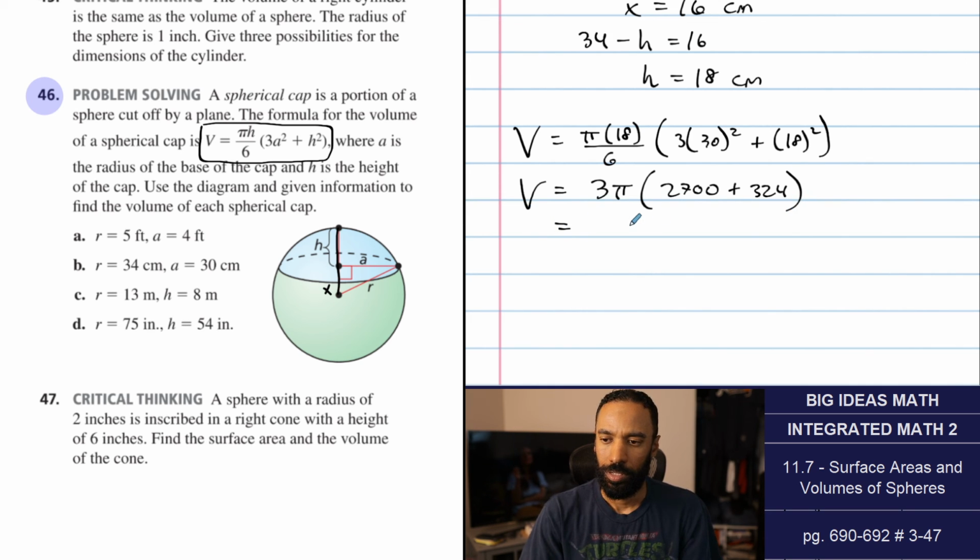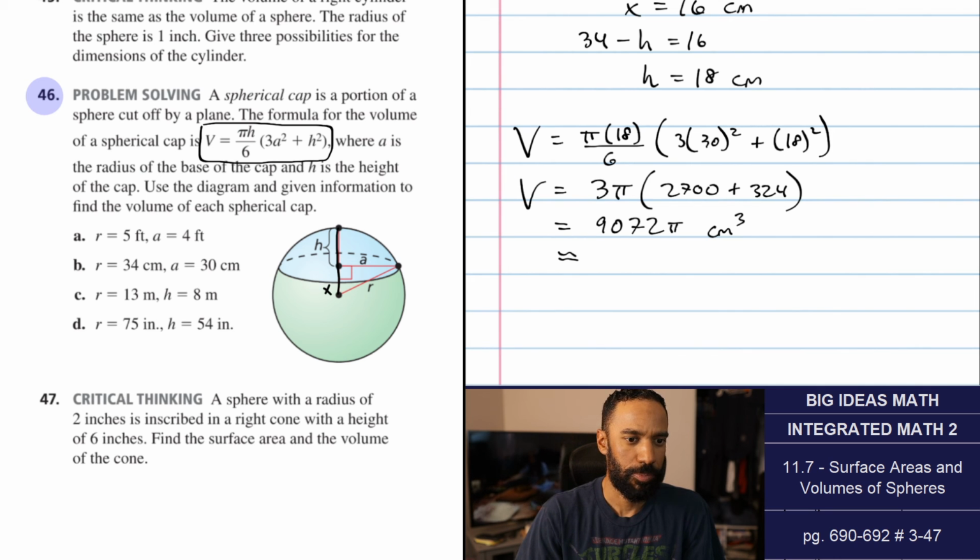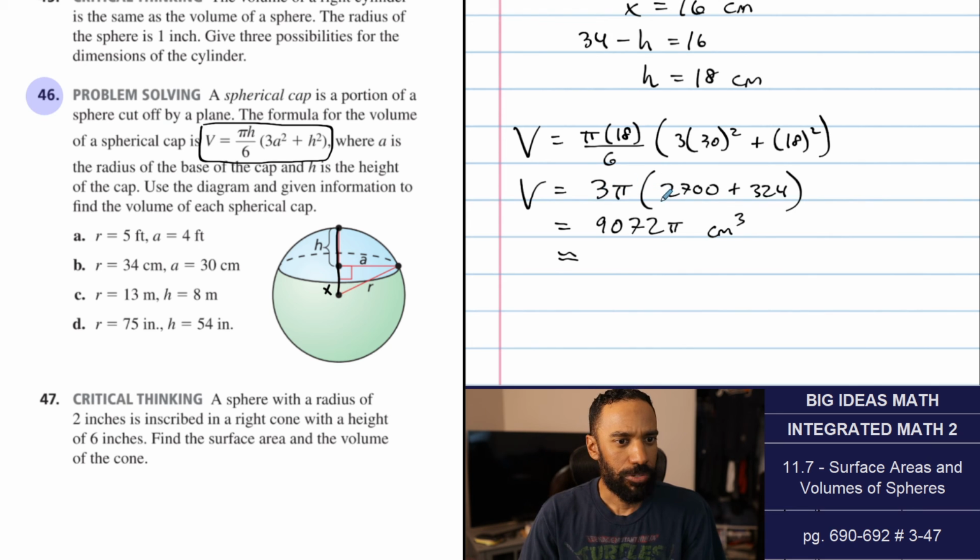I gotta calculate that. So this is 9,072 pi, excuse me, cubic centimeters, which is about, times pi, 28,500.53.